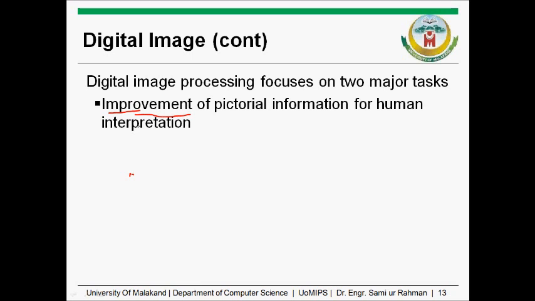So we take images with low resolution, and then we use software techniques or algorithms to increase the resolution. That is one of the basic application areas in image processing, the improvement of images, also called image enhancement.